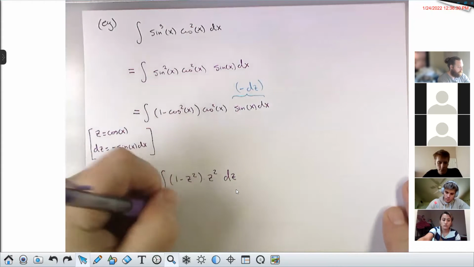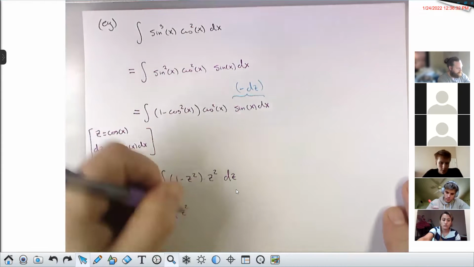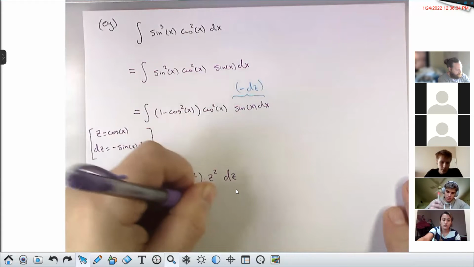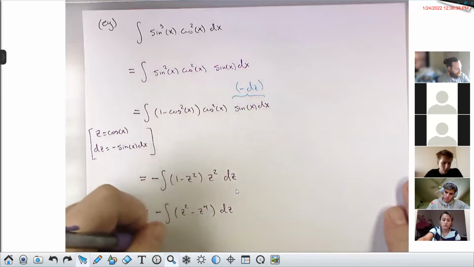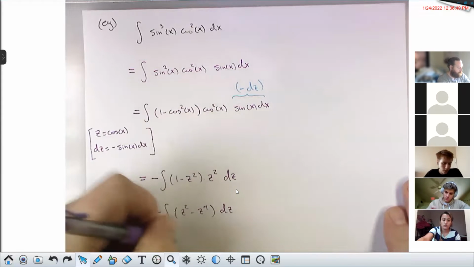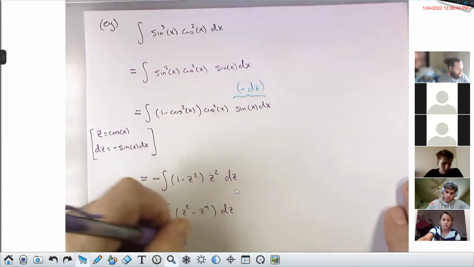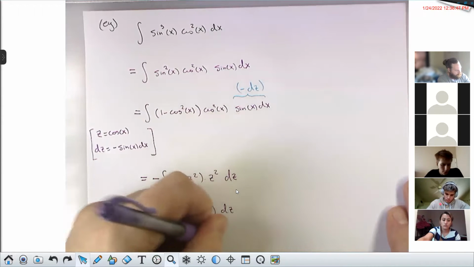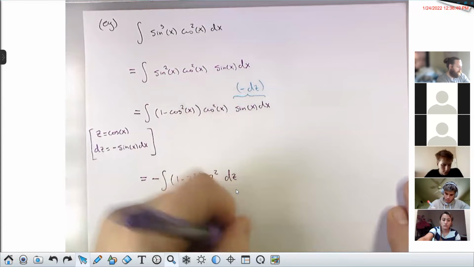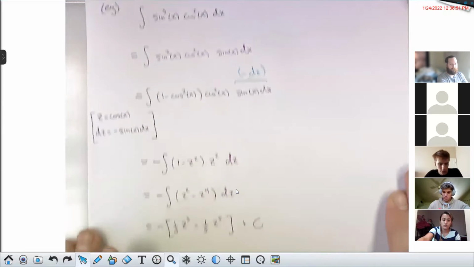Distributing the z squared, I get z squared minus z to the fourth dz. And applying the power rule, I get 1/3 z cubed minus 1/5 z to the 5 plus a constant.